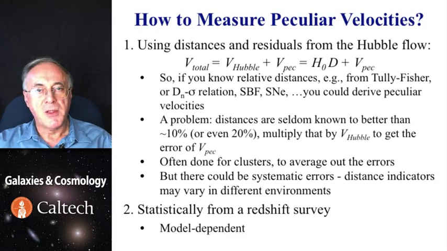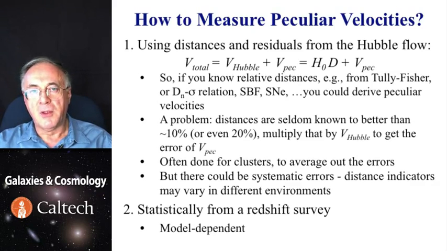You may recall that there are a number of distance indicators for galaxies which we can use to compute their distances. They're not given by the redshift, but each one of them has its intrinsic scatter, and each one would then yield errors in the estimates of the peculiar velocity. For the most part, peculiar velocities are commensurate with Hubble velocities only in the nearest universe.